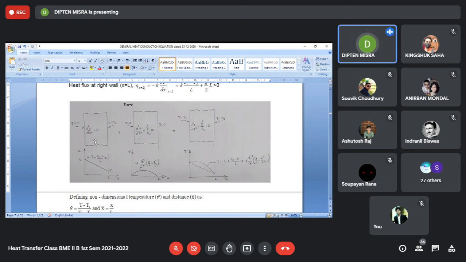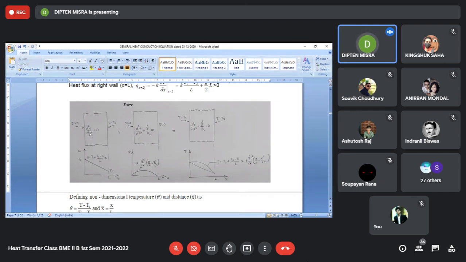All these things are not there. So whatever heat comes from the left has to go out from the right. At any layer it is true. So the heat flux at any layer has to be the same. That means the temperature gradient at any layer has to be the same, right from the left to the right.